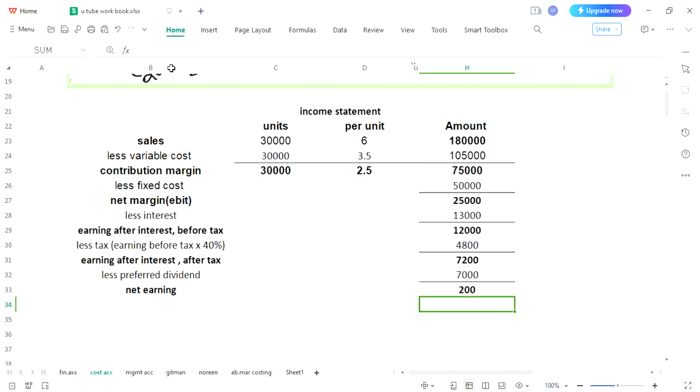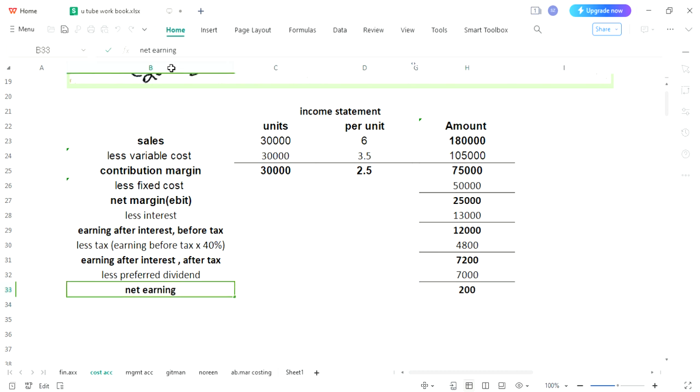So we have got 200, which is net earning, and it also can be called earning available for shareholders. Net earning or earning available for shareholders, one and the same thing. So our income statement has been completed. It would be very easy for us to calculate anything which is required in the question.